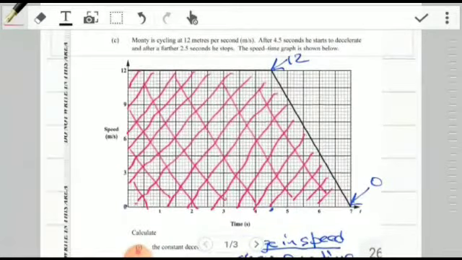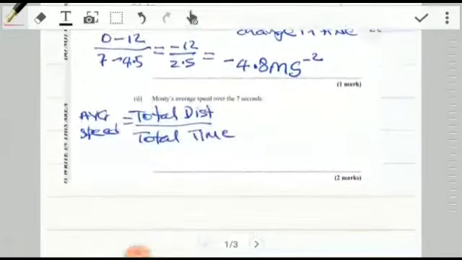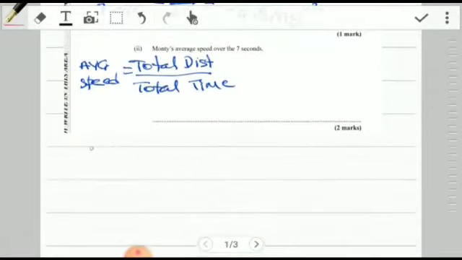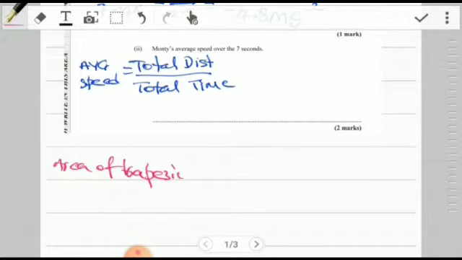What's the formula for the area of a trapezium? Well, let's look at the distance now. We're focusing on the distance here, which is the area of the trapezium. The area of the trapezium is A plus B over 2, which is half the sum of the parallel sides times the height.